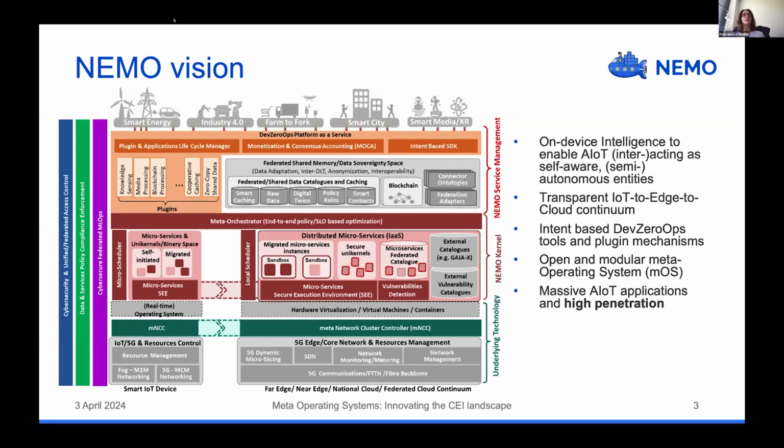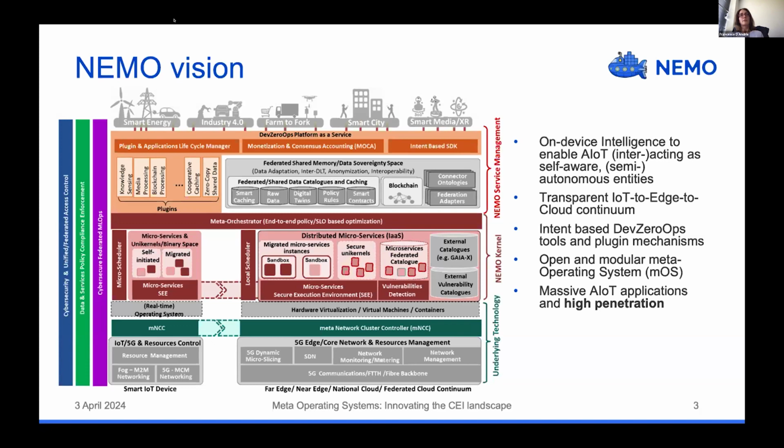So as you can see in this architecture, we talk about a full stack Meta operating system, fully open source, covering functionalities from the infrastructural part, integrating different types of network resources, and then integrating different orchestration platforms on the service control plane. On top of that, we have what we call the service management layer, which exposes the NEMO functionalities to third parties, to external users.